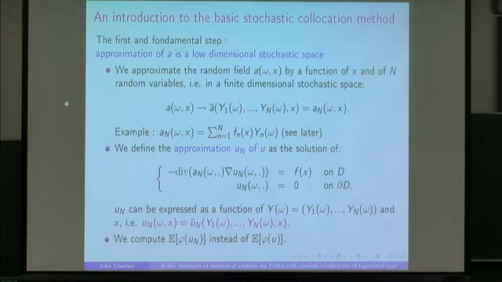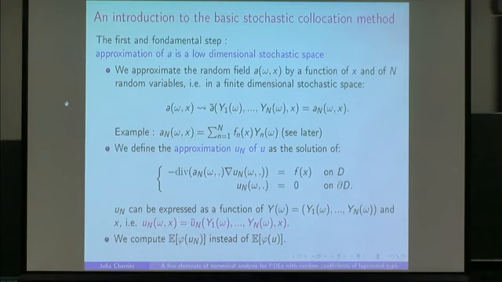So that's really for the second strategy, that is to say not for Monte Carlo type methods, but for methods which are based on the approximation of the coefficient by a function of a finite number of random variables. So you are going to approximate a by a function a_n which depends on x and on n random variables.